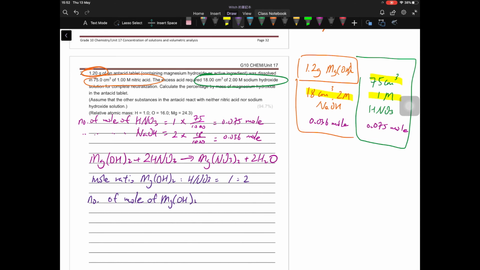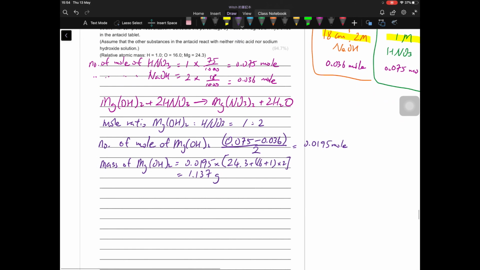Number of moles of magnesium hydroxide will be first. This is the amount of nitric acid reacting with magnesium hydroxide, amount of acid. But don't forget the mole ratio. That's why we need to divide it by 2. And next, we need to find the mass. Again, number of moles times molar mass is 1.1 gram.